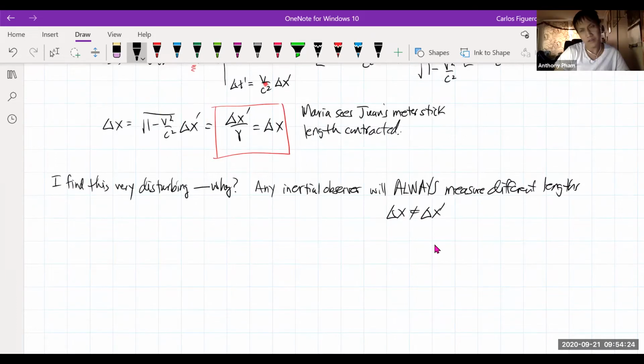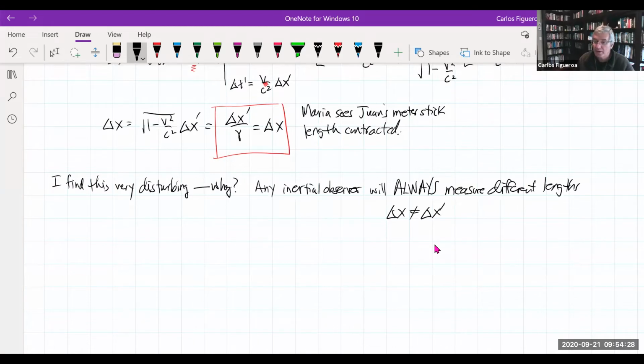I mean, you could measure it, yeah, but the way you measure it is that you have to look at other things. You can't race up and take a meter stick and just say, oh, your meter stick is smaller than mine, because then you're in the same inertial frame of reference and the meter sticks are going to be exactly the same.